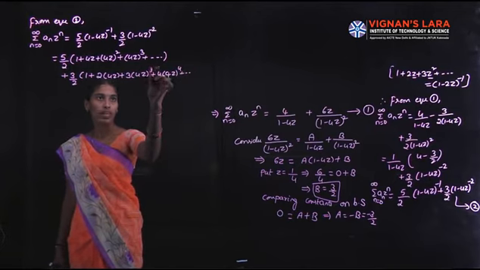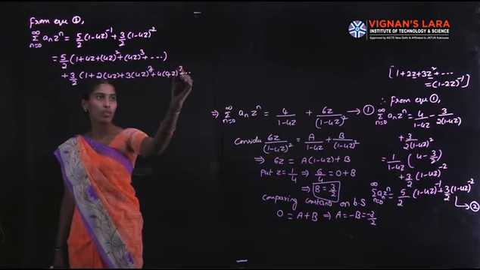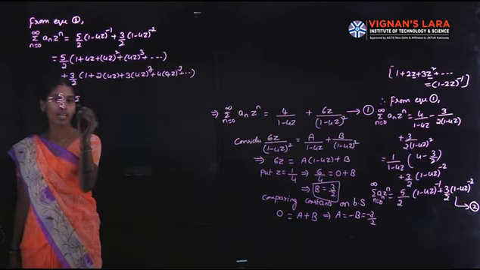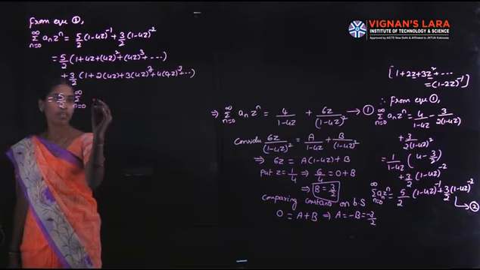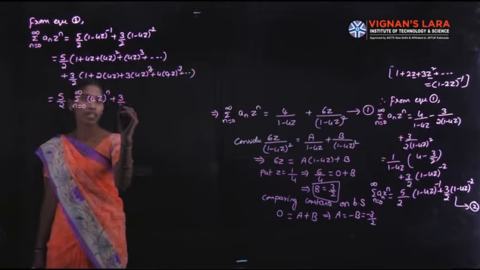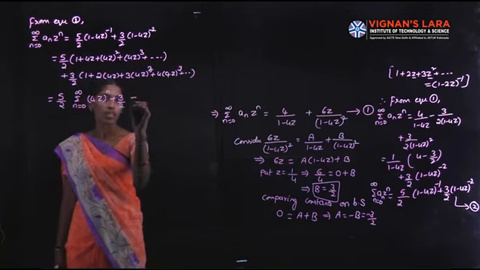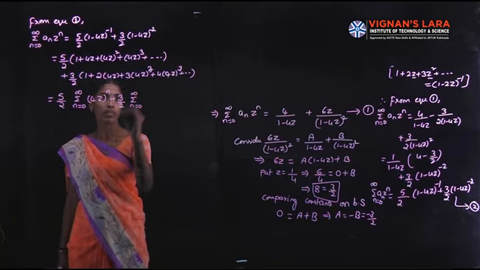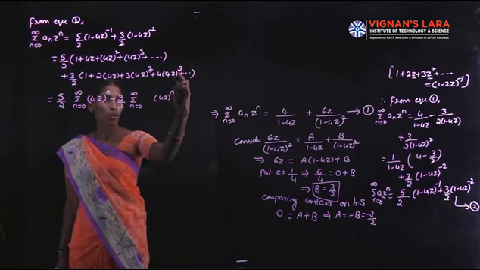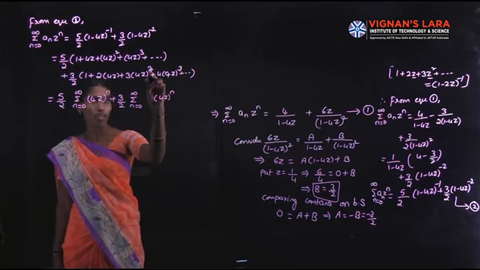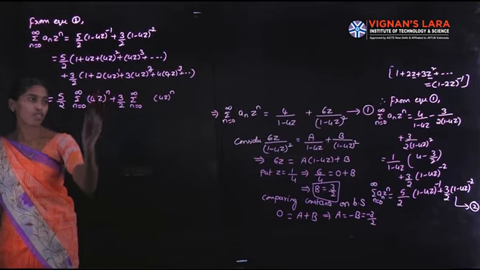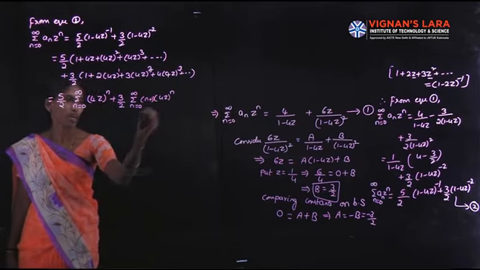The RHS term 5 by 2 can be written as sigma n equal to 0 to infinity (4z) whole to the power n. The second term can be written as 3 by 2 sigma n equal to 0 to infinity, and if you observe here, (4z) whole cube has coefficient 4, whole square has coefficient 3, whole power 1 has coefficient 2. So it becomes n plus 1.